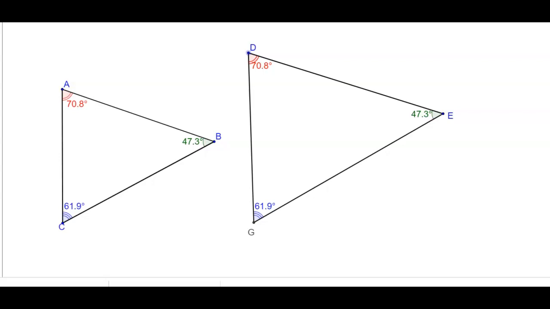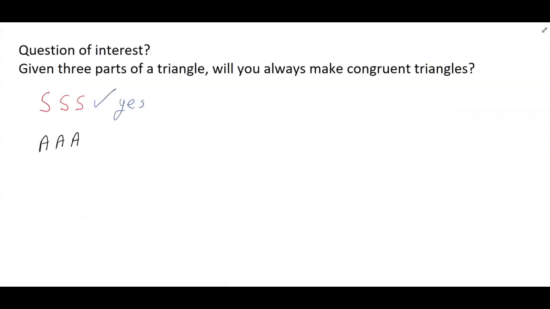Think about your yearbook pictures: your picture is the same, but the photographs are not the same size. So looking at this page, does angle, angle, angle justify congruent triangles? No, they do not. So I'm going to write no.